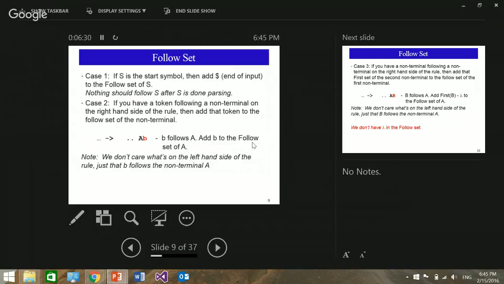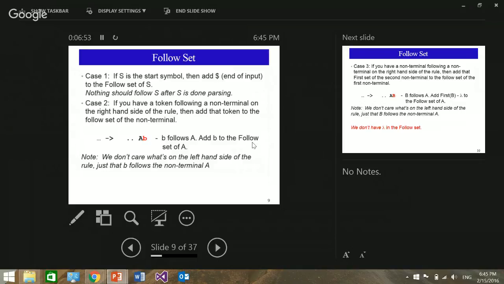And then case 2, this was the one where you have a little letter, a token, following a non-terminal, a big letter, I call it. Then this one, big A, little b. So what should come after the big A? Well, little b. So put a little b in the follow set of big A. I don't care what's on the left-hand side.